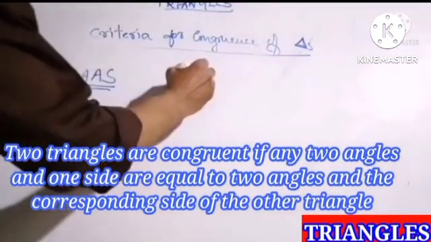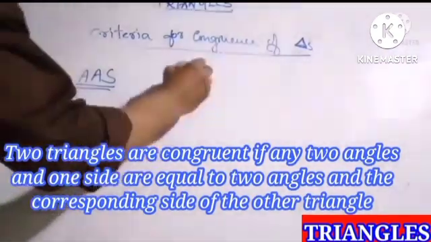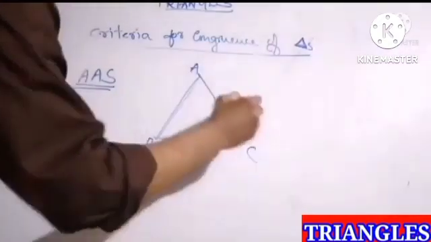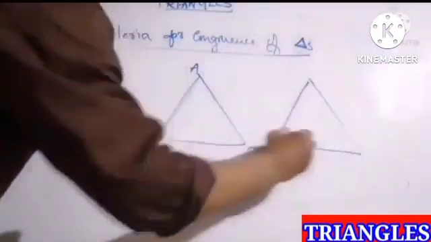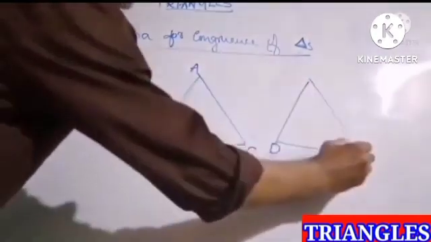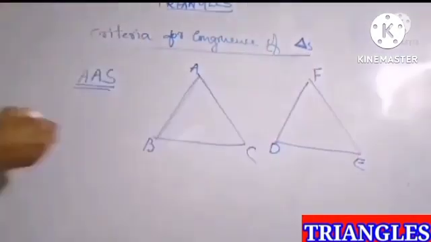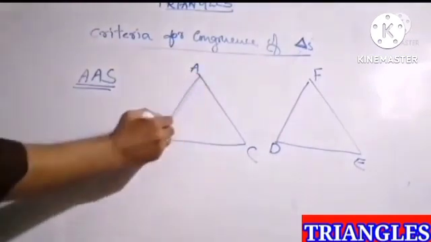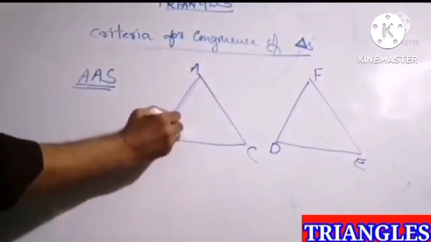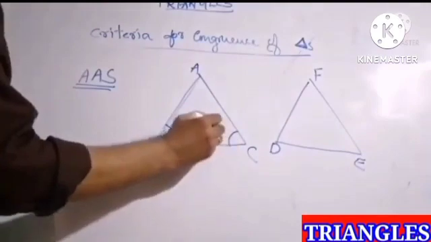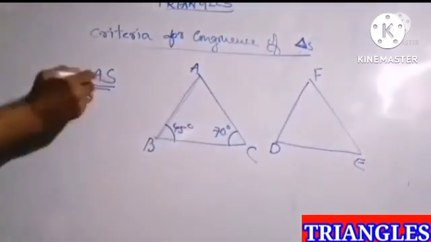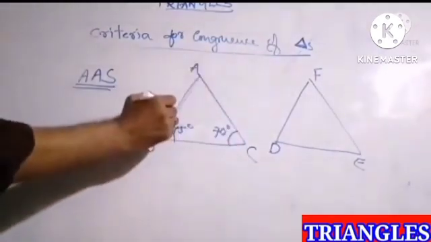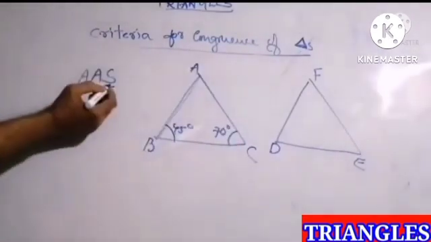So let's go through an example. Triangles ABC and DEF. Here two angles and one side should be given. Suppose these two angles are given. This angle is 45 degrees, this is 70 degrees. The side should be either this one or this one, not the included side.